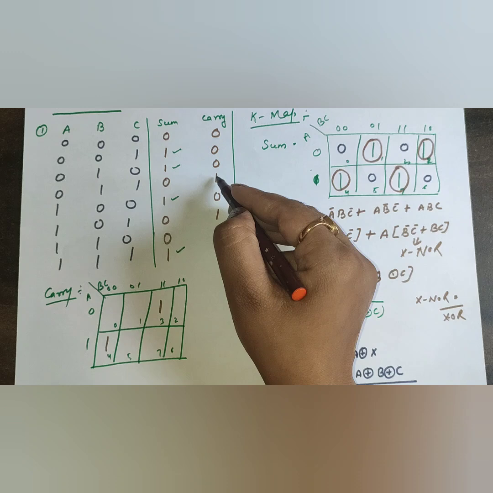Okay, you can write it like this. So the combination will be like this, this and this. Three combinations are there. So the equation sum will be like this, and carry like this. From this only BC remains.